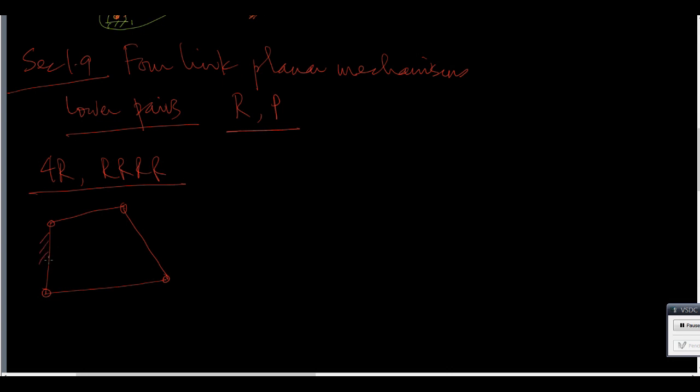We can fix any one of them, and when we do, we can see that it has a single degree of freedom. When we move this link, it must follow the arc of a circle. Wherever we move it, it goes there, and then if we say this distance is L0, then from here there must be L0. This distance is L1, from here it must be L1. What we can do is draw another arc like that.